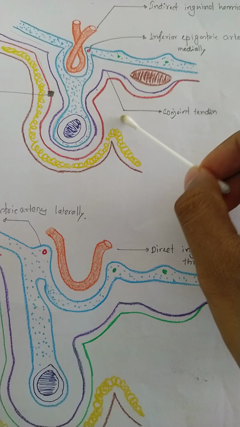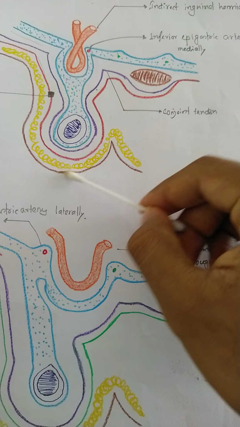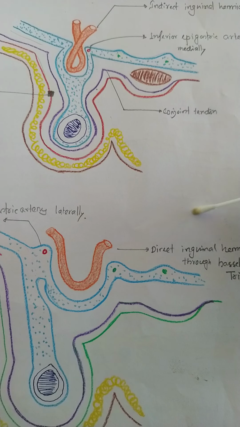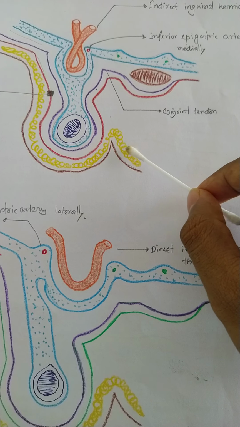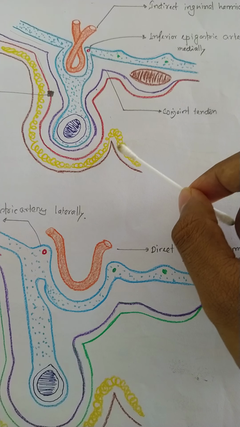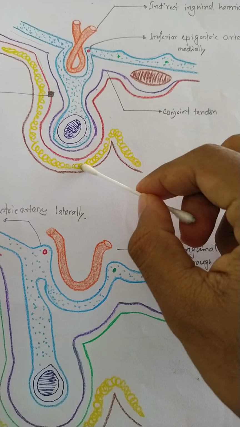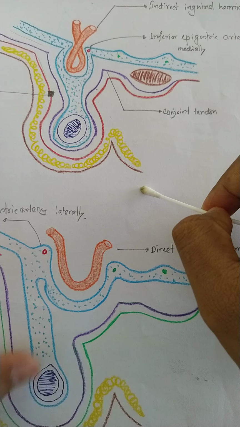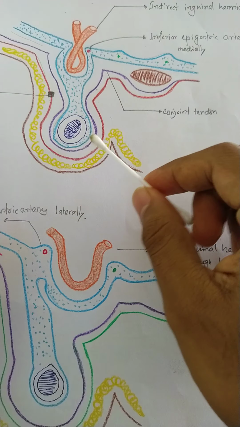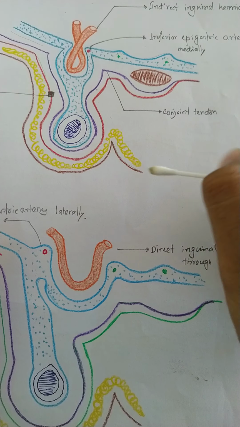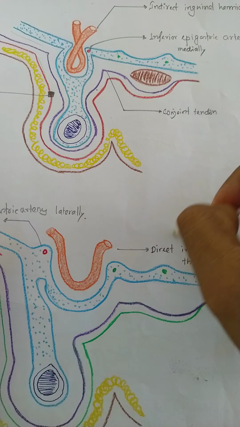As we see, there are two rings, the deep inguinal ring and the superficial inguinal ring. You know the formation and the extension of the inguinal region. So you see the oblique plane of the inguinal canal, that is deep ring to superficial ring.